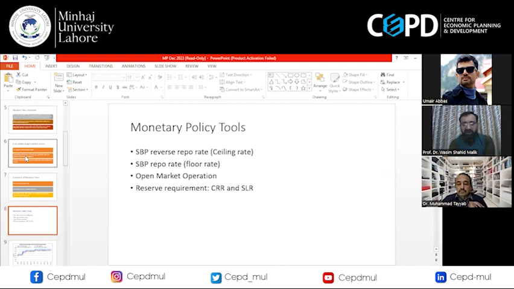Mostly these tools are used in Pakistan to achieve monetary policy objectives. One is the SBP reverse repo rate, which is the ceiling rate of the money market. Then the SBP repo rate, which is the floor rate. So the central bank is using an interest rate corridor system. The ceiling of the corridor is the SBP reverse repo rate, which is normally known as the discount rate.